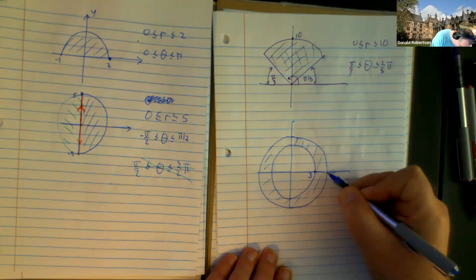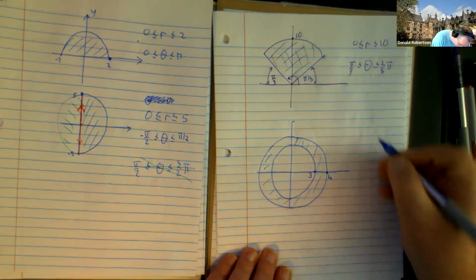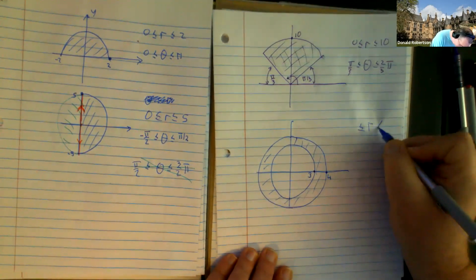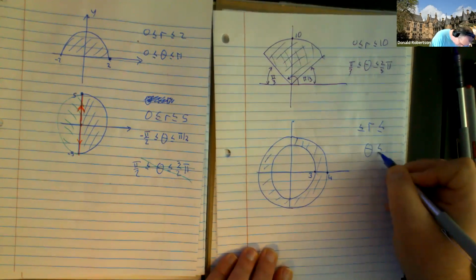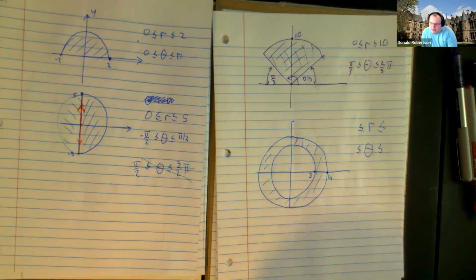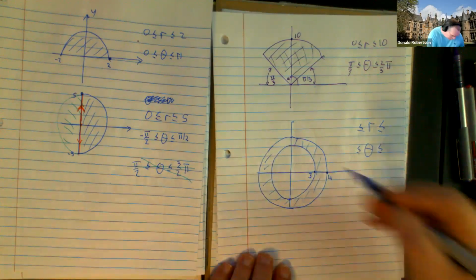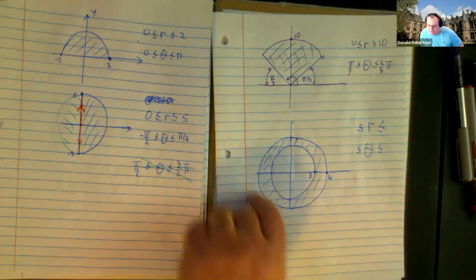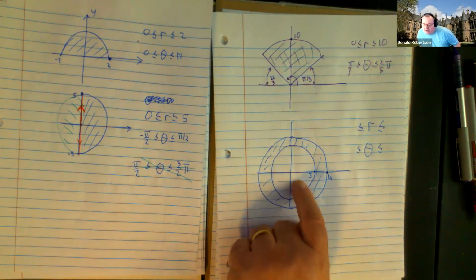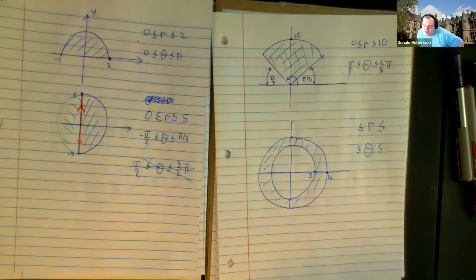This is 3, and this is 4. And for this region, we need to set up what the range in R and the range in theta are going to be. Right, so to get this donut shape, it's called a torus, if you want to know its fancy name. To get this donut shape, what would the range in R be?